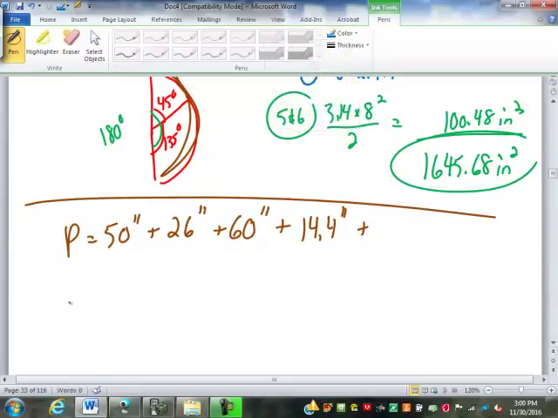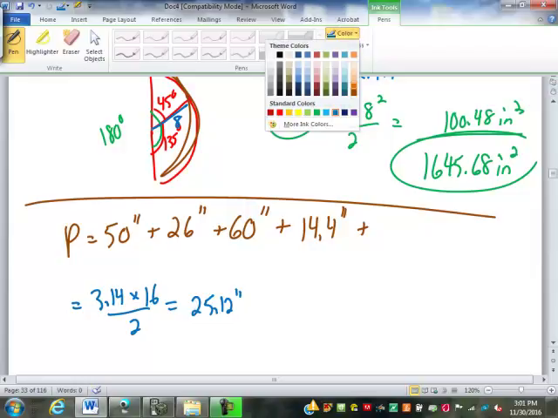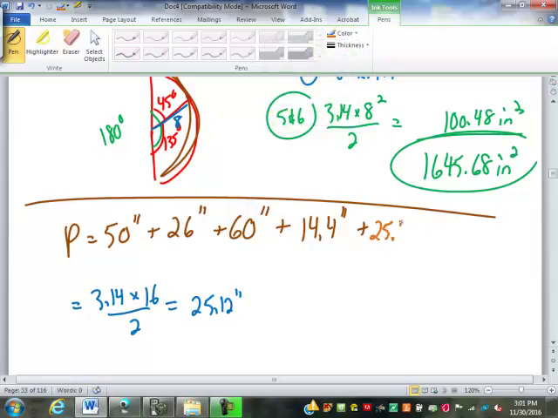So that's going to be a circumference. The full circumference would be pi 3.14 times, now it was a radius of 8, so it's going to be a diameter of 16, and then divide by 2. So it's 25.12 inches. So we add those all up and we get what? 175.52 inches of perimeter.